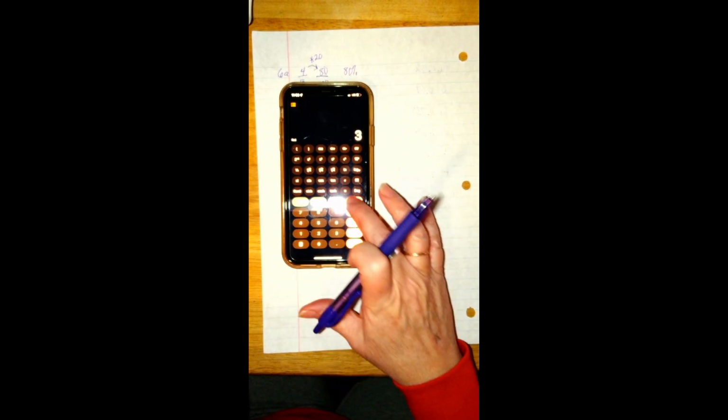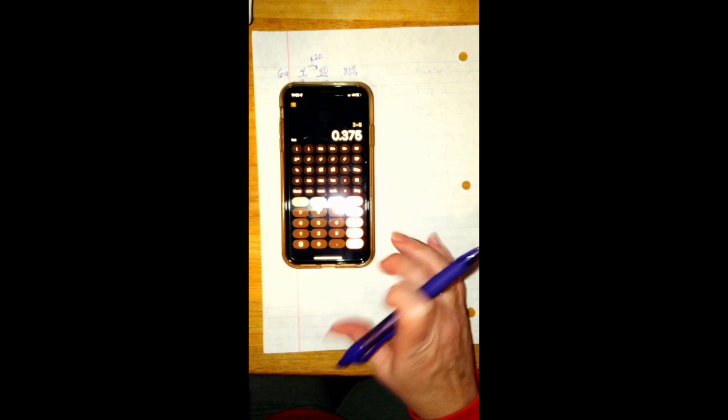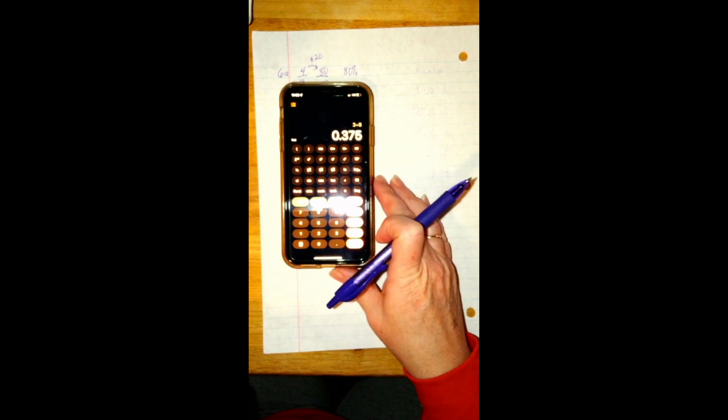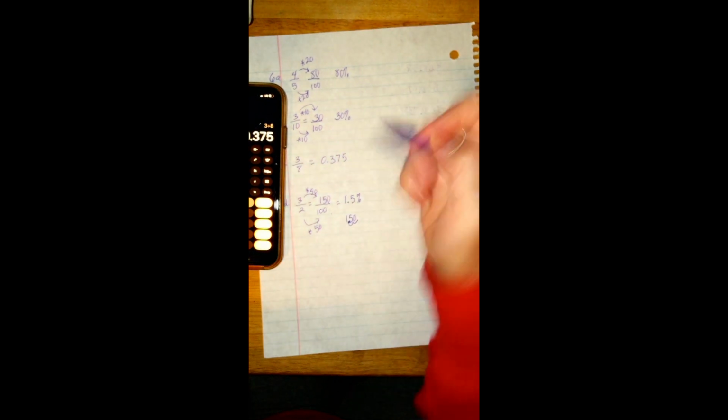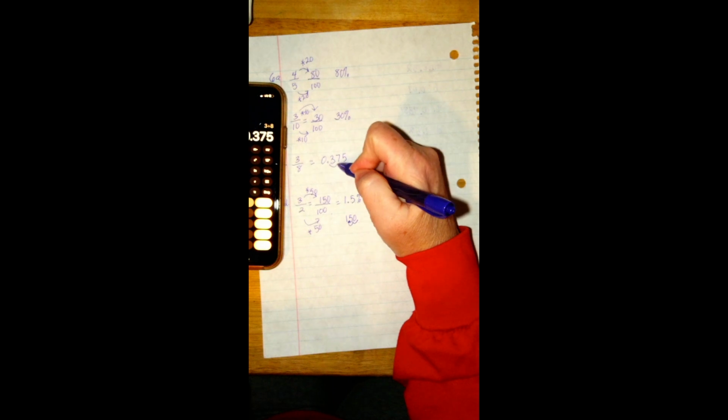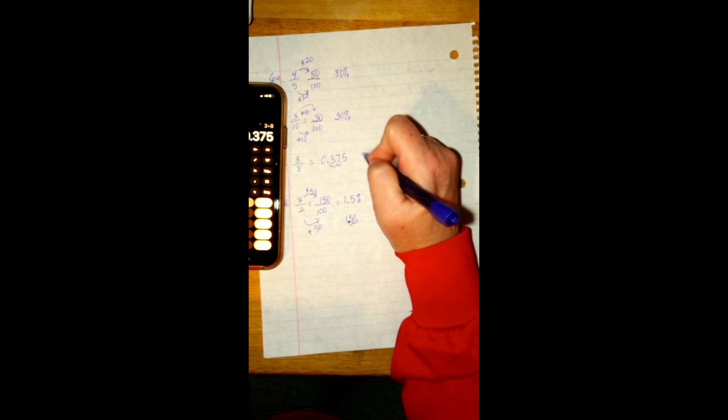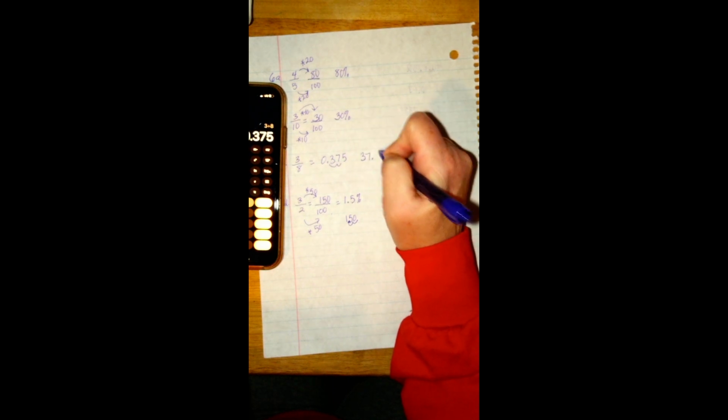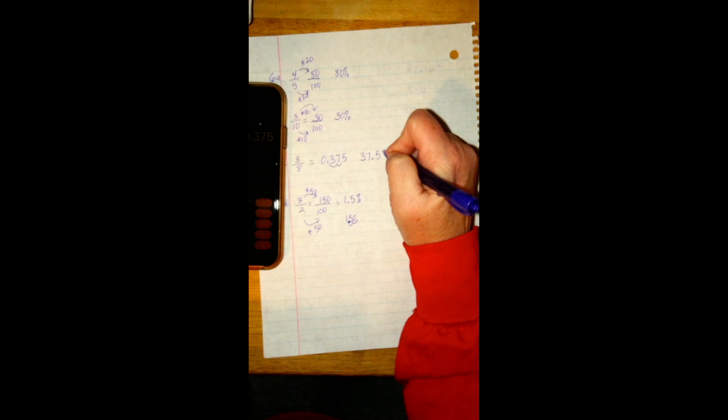We're going to have 3 divided by 8, which is 0.375. And then remember, when we're turning a decimal into a percent, we move the decimal point 2 places to the right. So we're ending up with 37.5%.